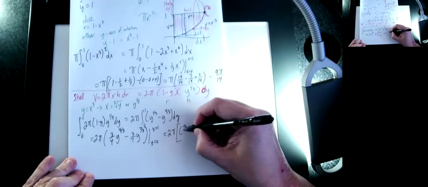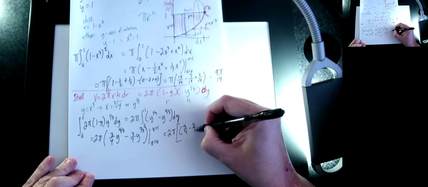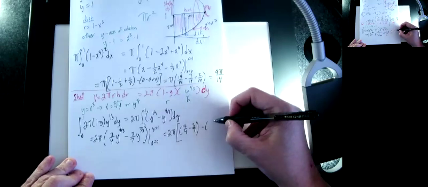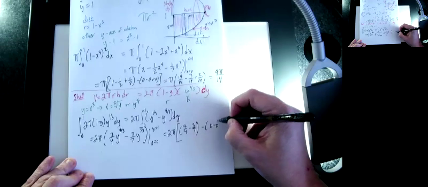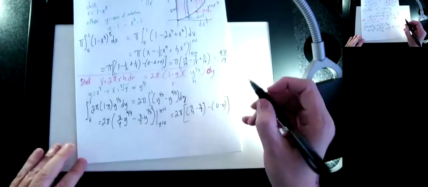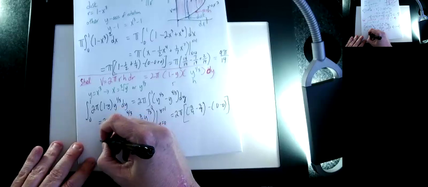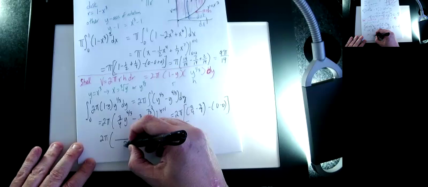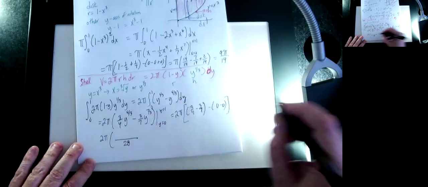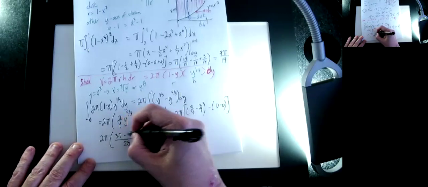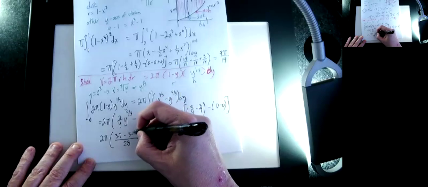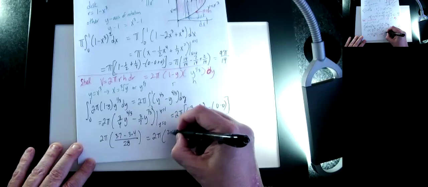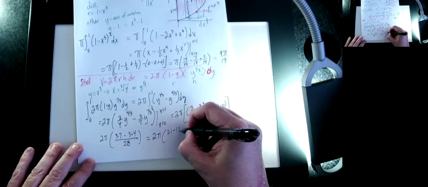I've got 3/4 minus 3/7 minus 0 minus 0. If I get a common denominator, the common denominator is 28, 4 times 7. This is 3 times 7 minus 3 times 4, so 21 minus 12 over 28.